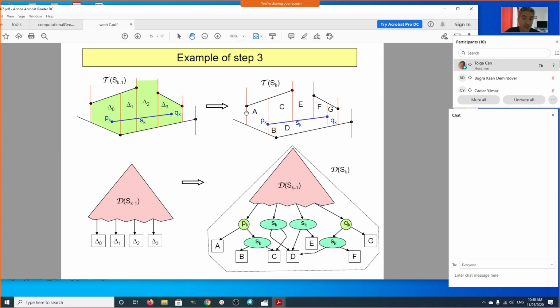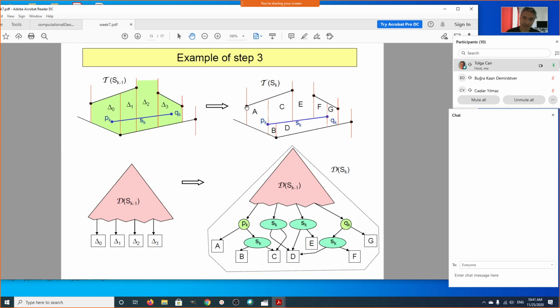The left point of the previous trapezoid, delta 0, is still the left of A. If you think about this, writing the code for this is not going to be that difficult. We are going to reuse the information we have about delta 0: its left point, right point, top edge, and bottom edge.